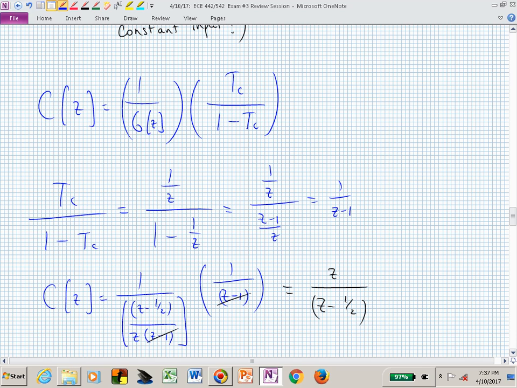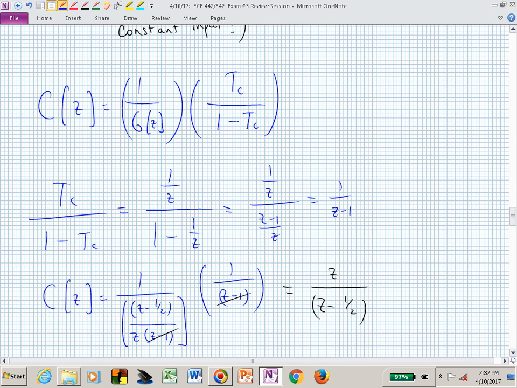So we're avoiding that by the choice of T sub C of Z. It's canceling in this design equation for C of Z so that we don't have that factor as a 0 factor in our C of Z expression, which would pop up into the numerator if that Z minus 1 factor wasn't in the denominator of our T sub C over 1 minus T sub C expression.